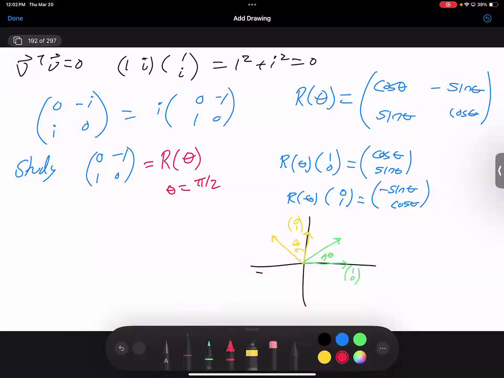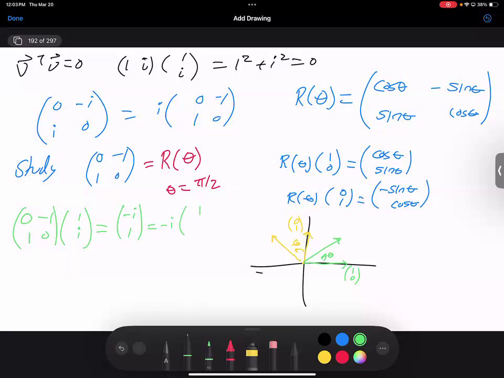Well, just for kicks and giggles, let's look at what happens if we apply the vector 1, i. Then we would get negative i and 1. I can pull out a negative i, correct? And then I would be left with 1.